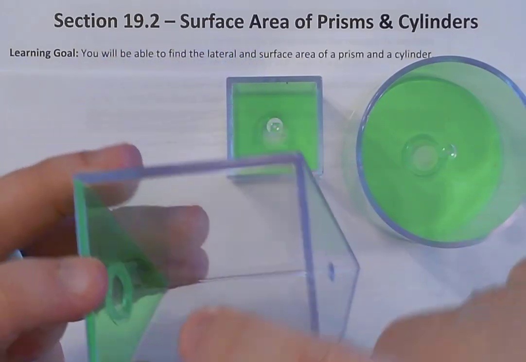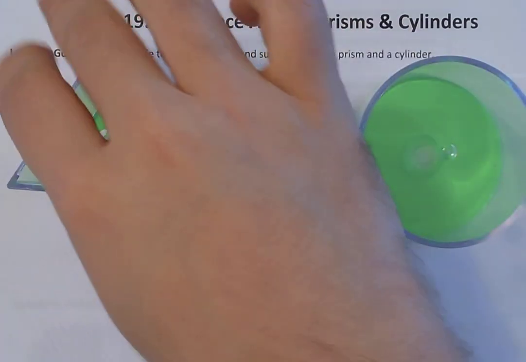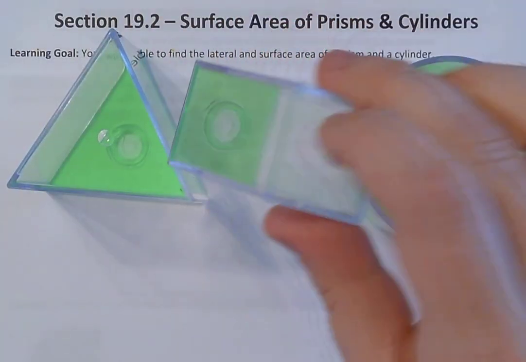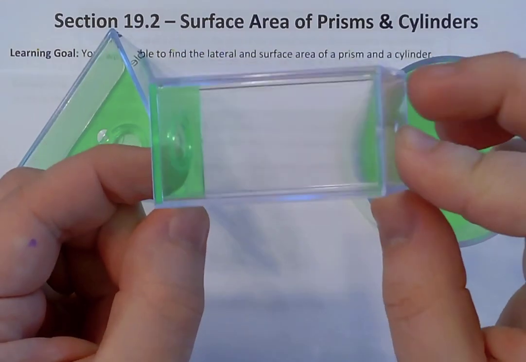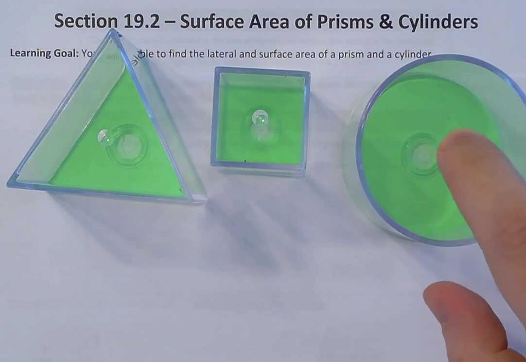Lateral area is just the area around the sides. So for a triangular prism, it's going to be the three rectangles. For a rectangular prism, it's the area of the four rectangles around. Now, for a cylinder, same idea.